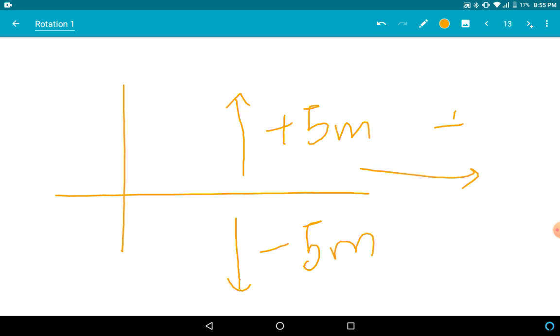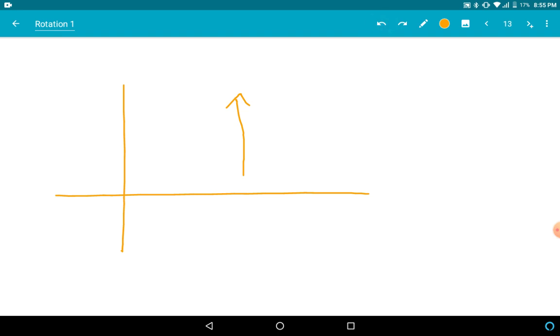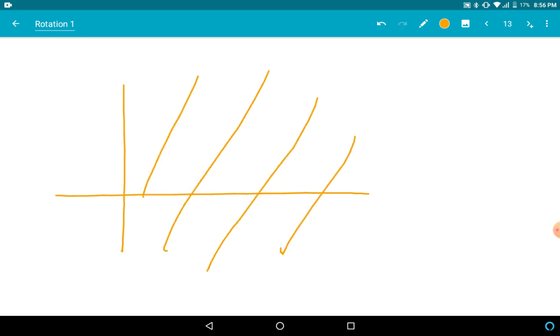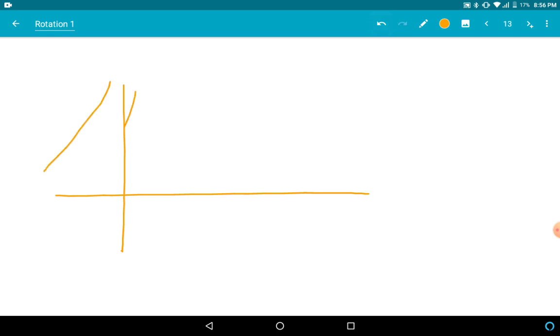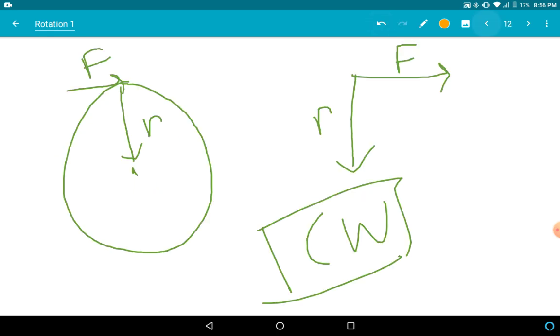This side is plus 5, this side is minus 5. Let me redraw this. In the coordinate system, x is positive on these places, and y is positive in the upper places. This is a coordinate system thing you have to know.